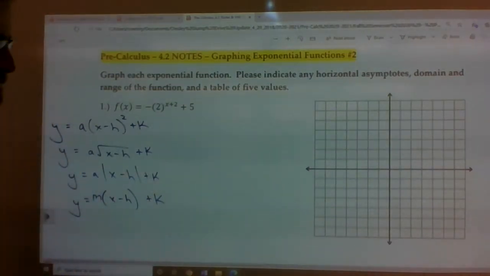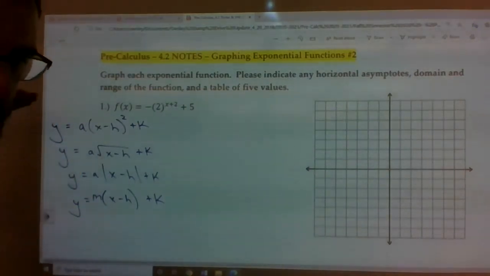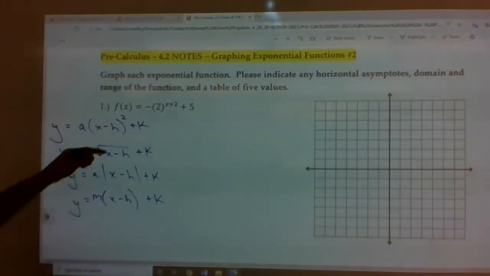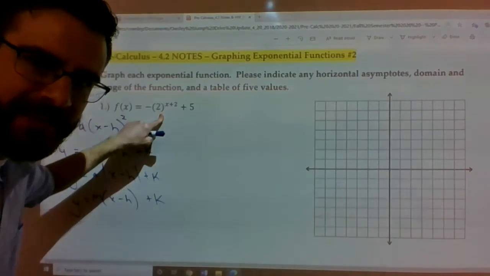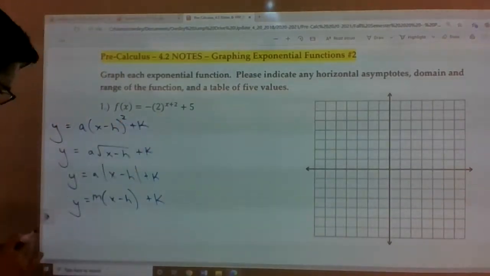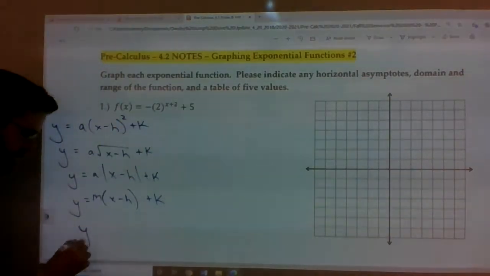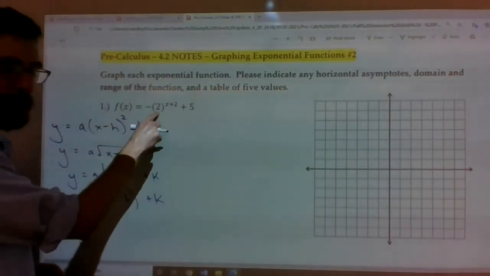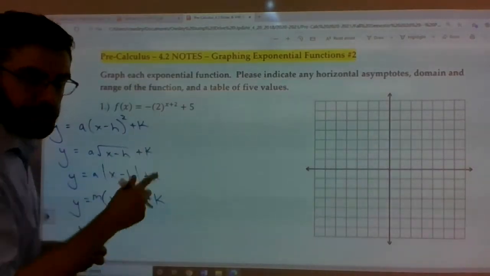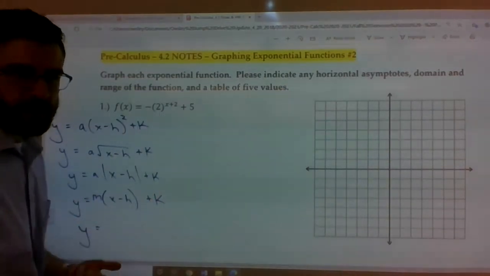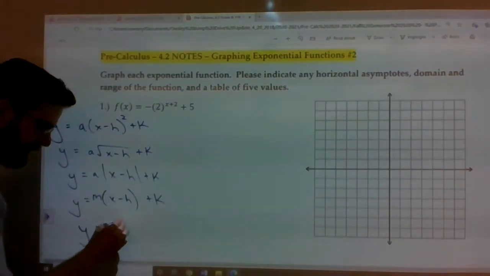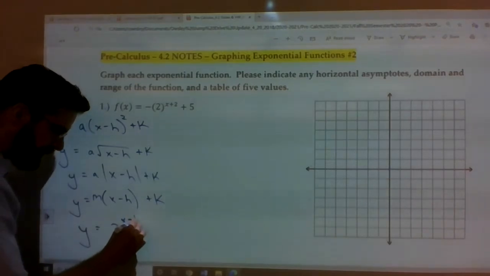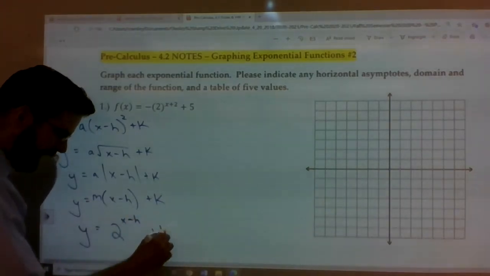Here's the deal. I could probably come up with a slew of others here. These exponential functions work the exact same way. y equals, and this 2 can be any number, I'm just going to put a 2 so that we're not confused, 2 to the (x minus h) plus k.